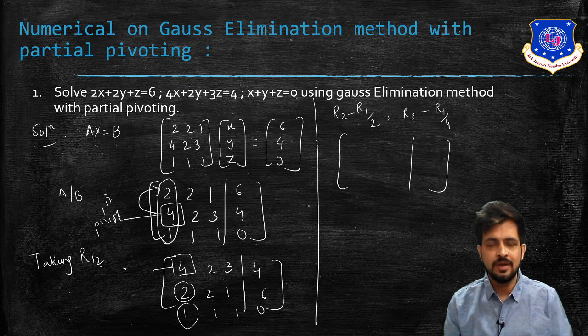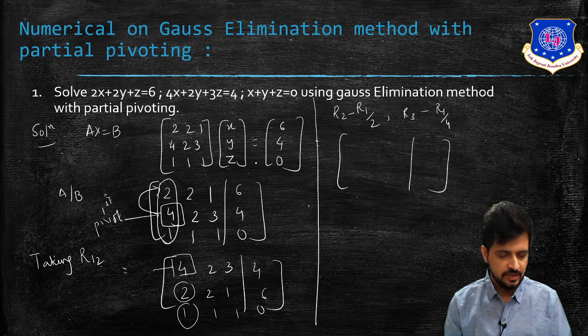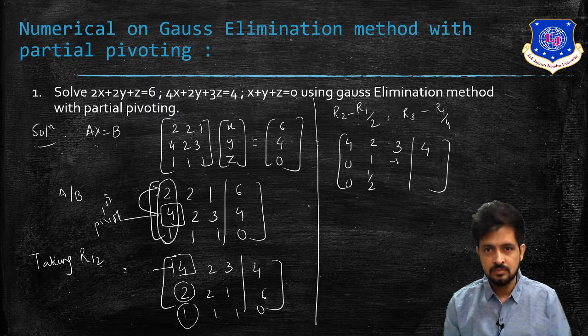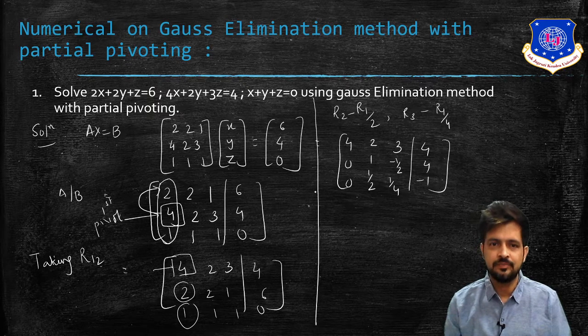See, what will be my answer? After doing this, my answer will be 4, 0, 0, then 1, 1 by 2, minus 1 by 2, 1 by 4, 4 and minus 1.